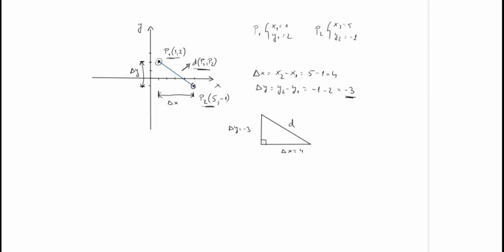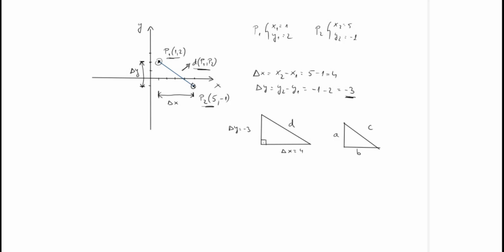Okay, maybe you recall the Pythagorean theorem, which says the following. Let's draw this triangle again. So we have here a, b and c. a and b are the 2 legs or the shorter sides, and c the hypotenuse.